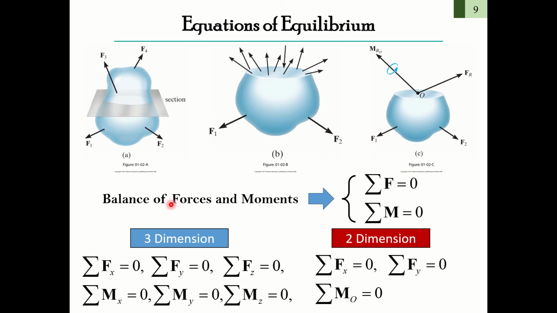So the balance of force and moment tells you summation F equals 0 and summation M equals 0 in 3 dimensions: F of x, F of y, and F of z represent the forces in x direction, y direction and z direction.